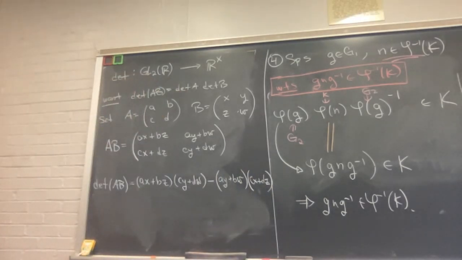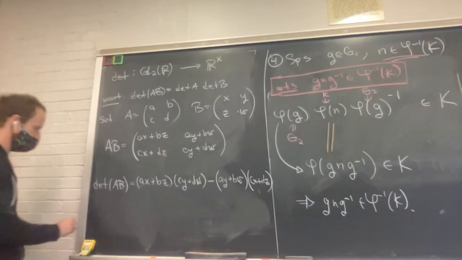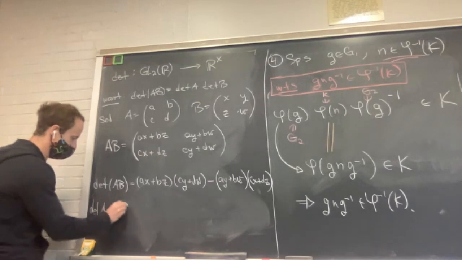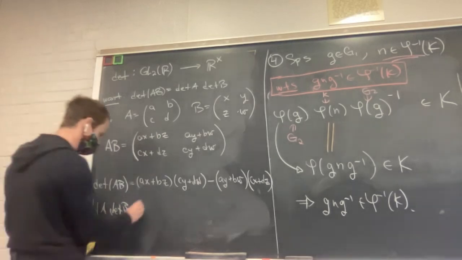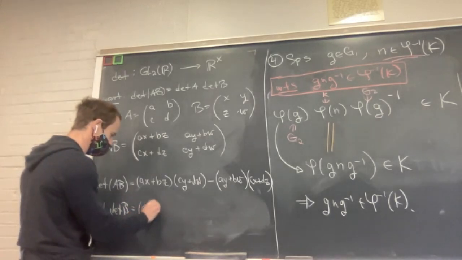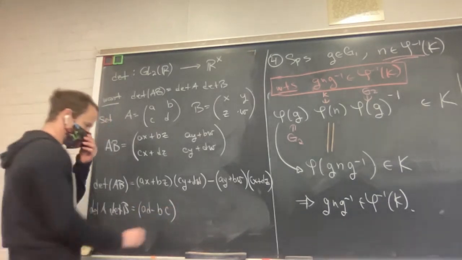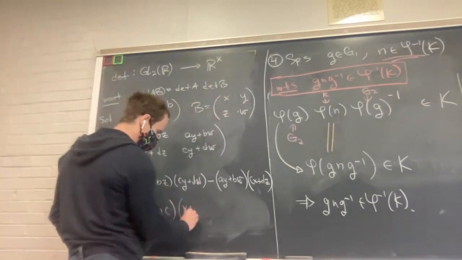That's just the standard determinant formula: this times this minus that times that. Then the determinant of A times the determinant of B: here we use the standard determinant formula for each one separately. That's AD minus BC, the determinant of A, times XW minus YZ.